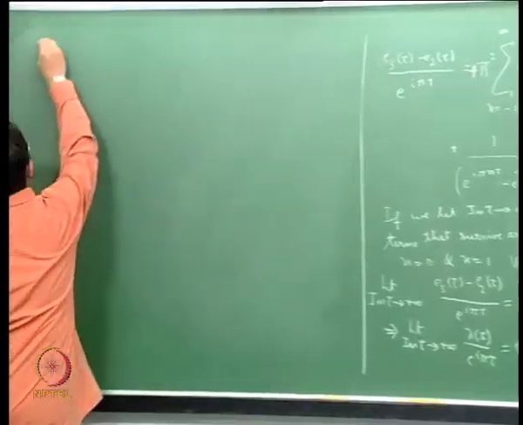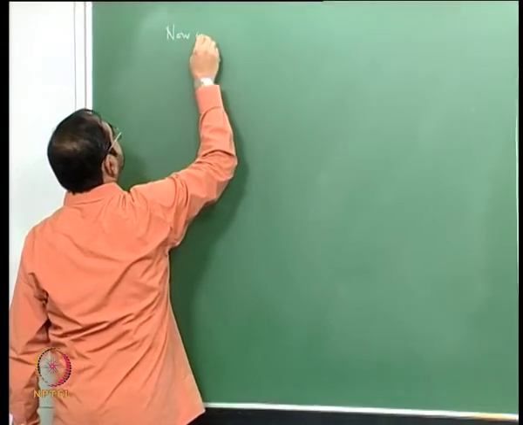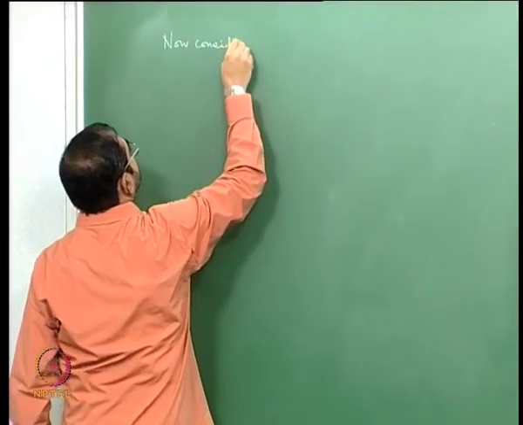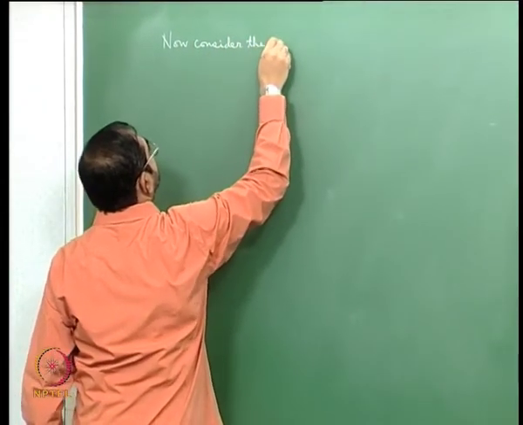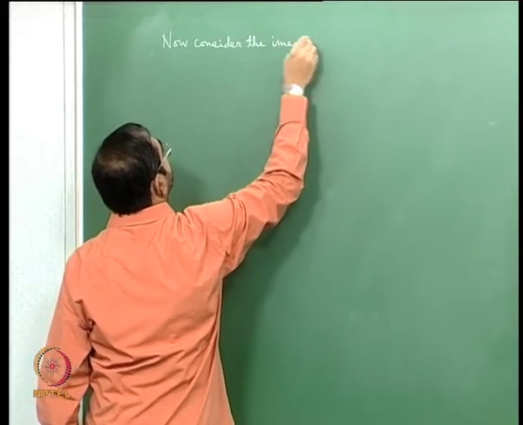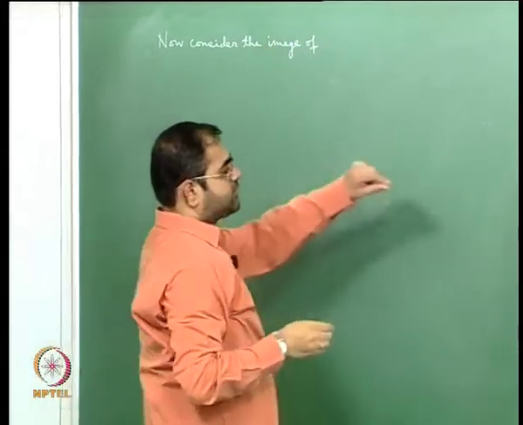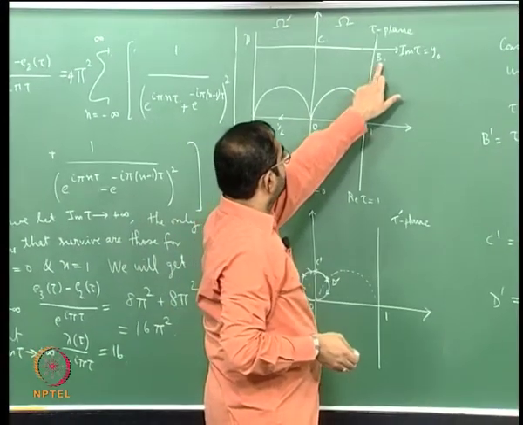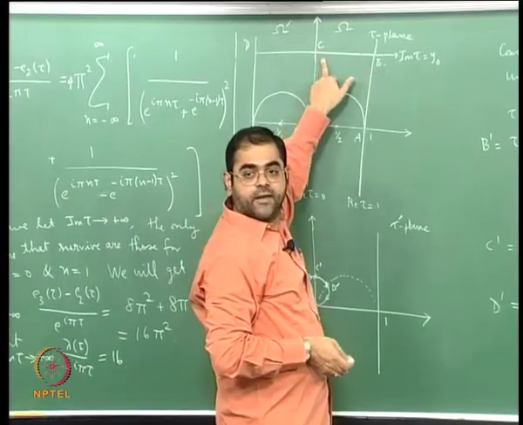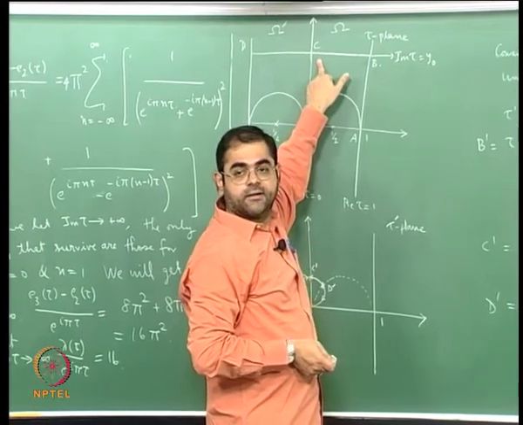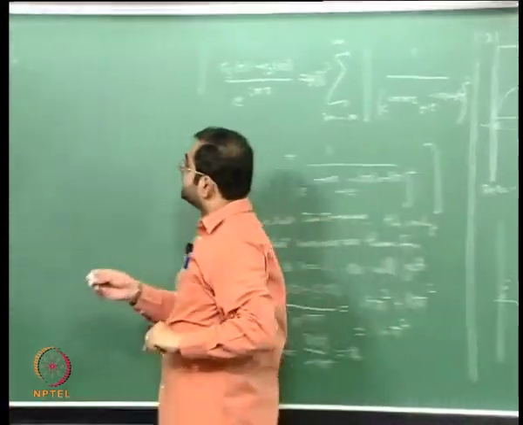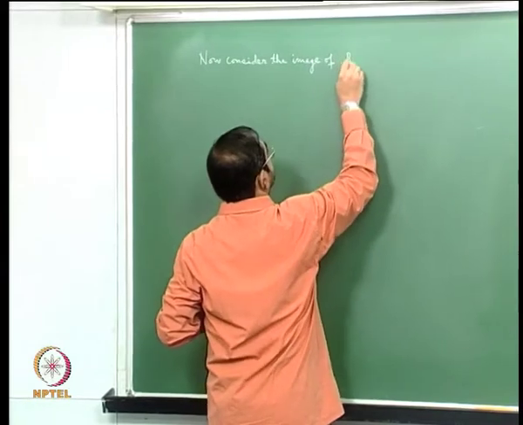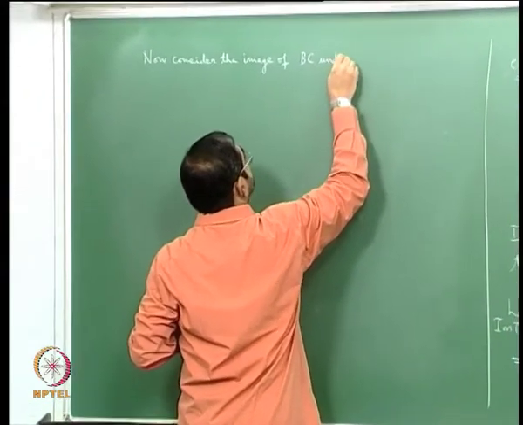So now consider, let us consider one by one, the image of BC under lambda of tau. Now consider the image of BC under lambda of tau.